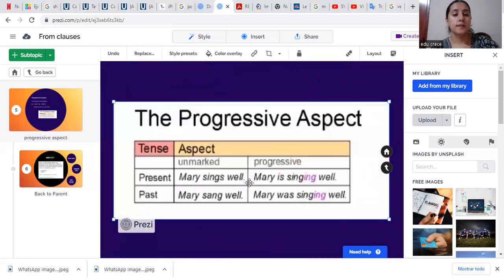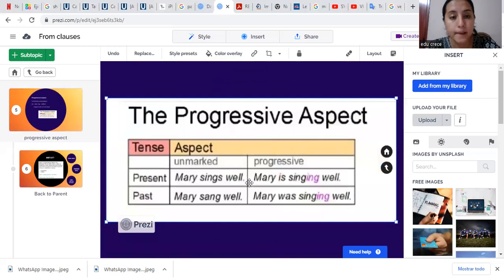Please see the progressive aspect in both tenses, present and past. In present, for example, the sentence could be Mary sings well.